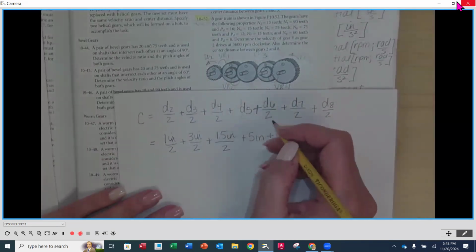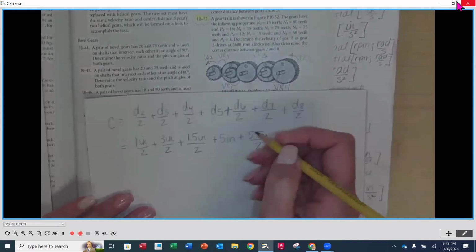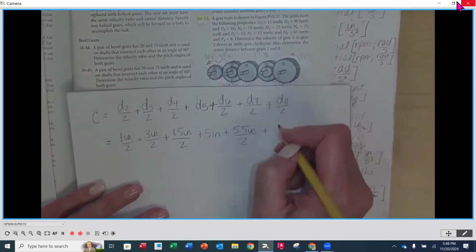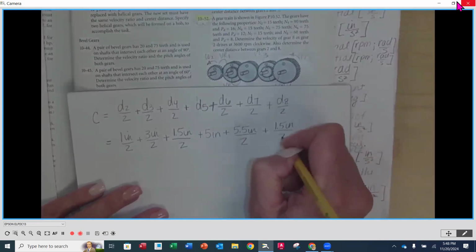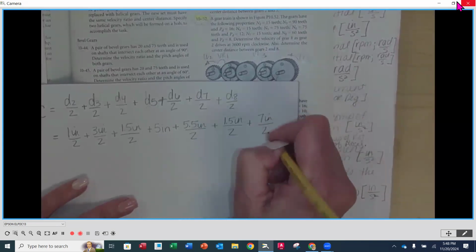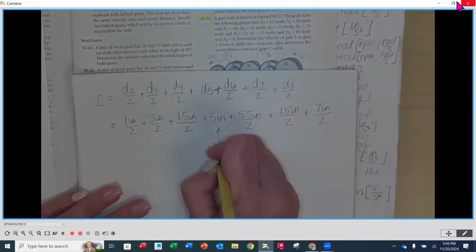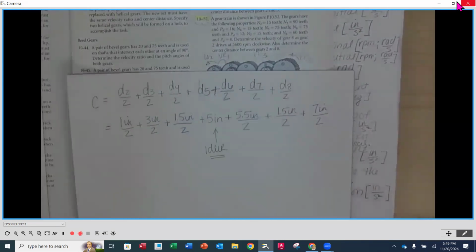Plus 5.5 inches divided by 2 plus 1.5 inches divided by 2 plus 7 inches divided by 2. So that right there is your idler.